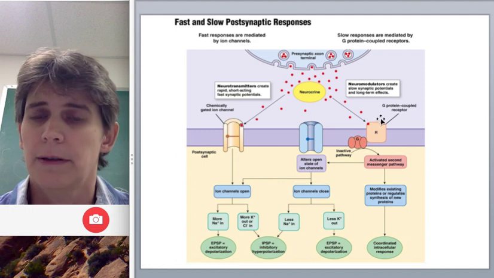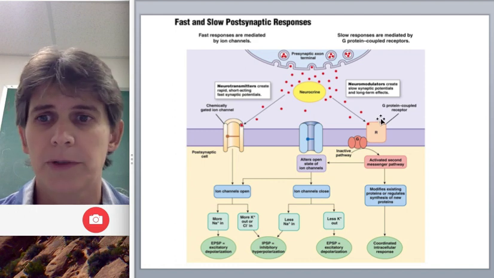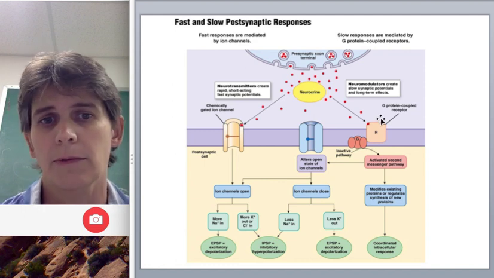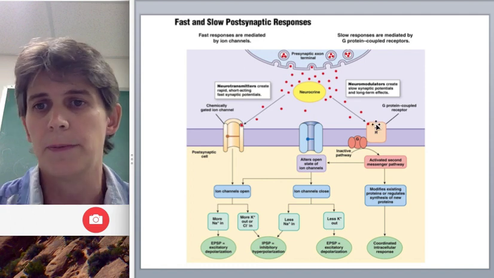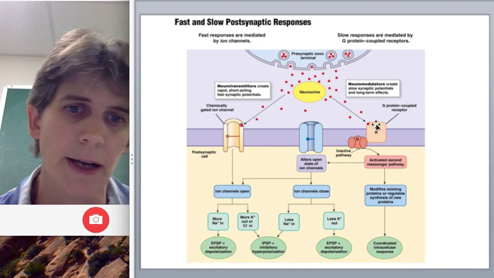Another option is what are sometimes called metabotropic receptors, which are simply G-protein coupled receptors that you may be familiar with in other contexts.